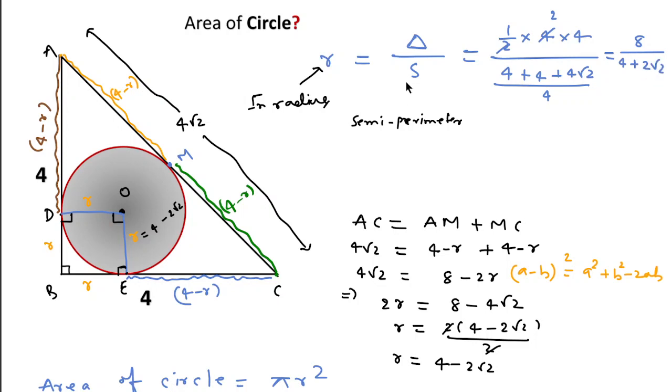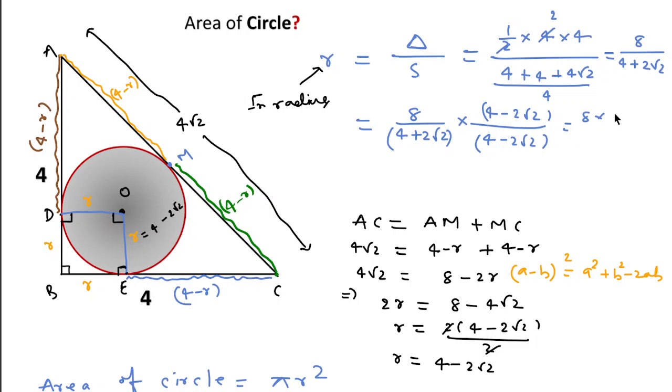Okay, when we rationalize this, 8 over 4 plus 2 root 2, in this way, then 8 into 4 minus 2 root 2, using the formula a plus b, a minus b equal to a square minus b square.